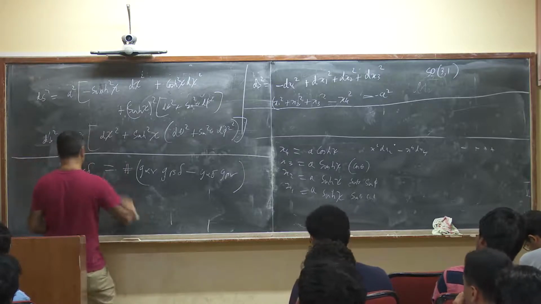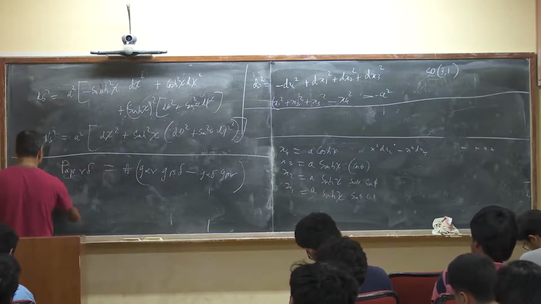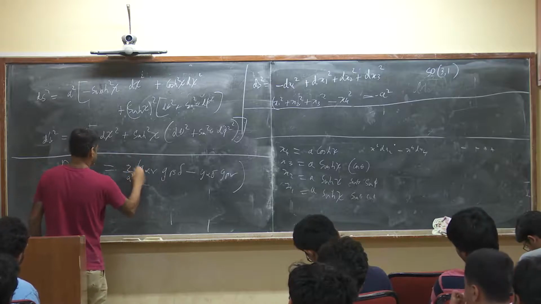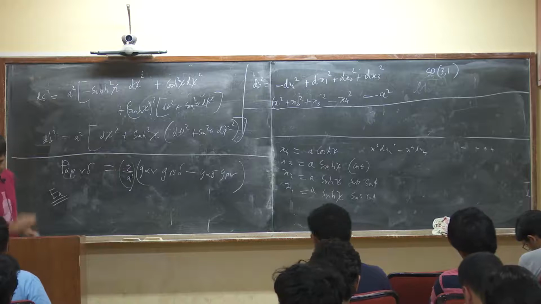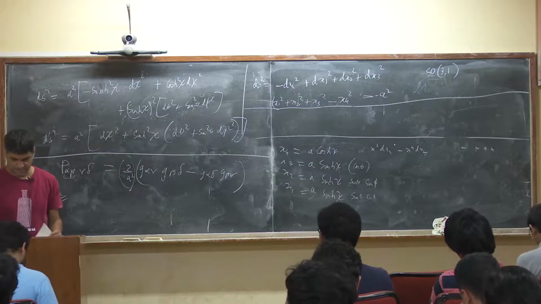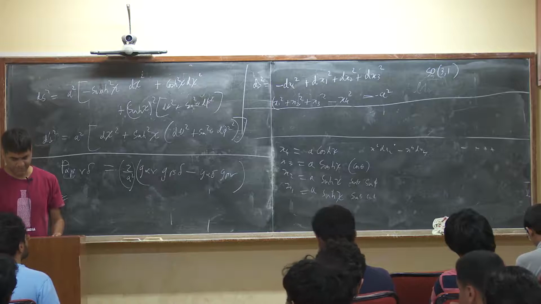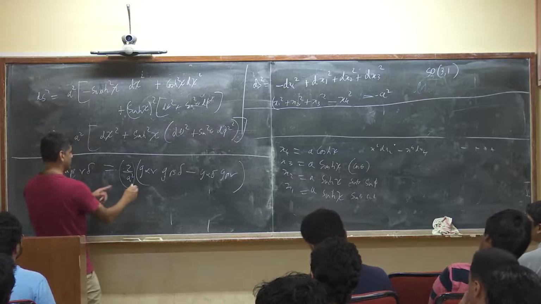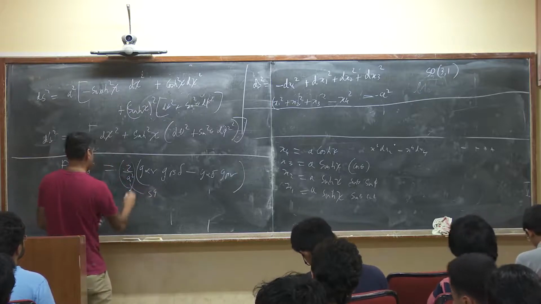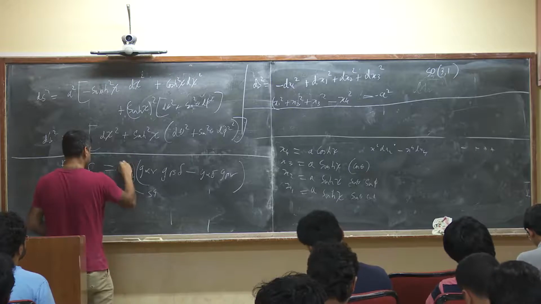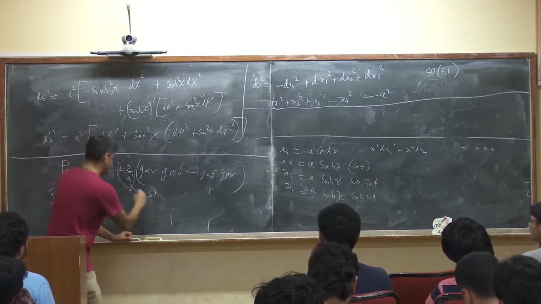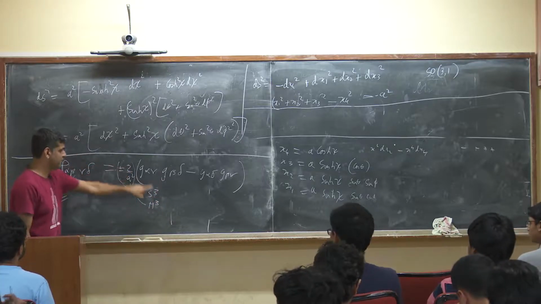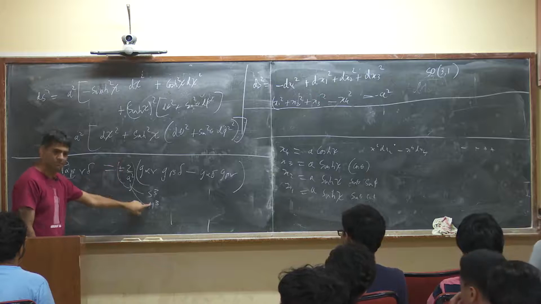So, exercise: check that this number is 2 by a squared in the case of the sphere, and minus 2 by a squared for the hyperbola. So a positive sign for the S3 and a negative sign for the hyperbola.